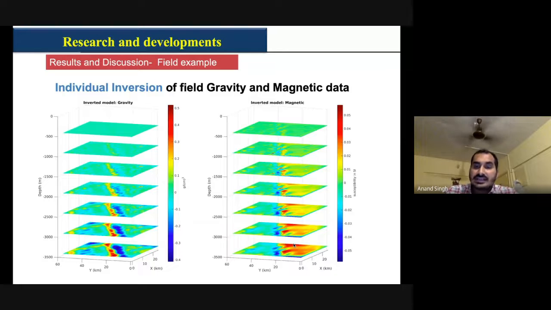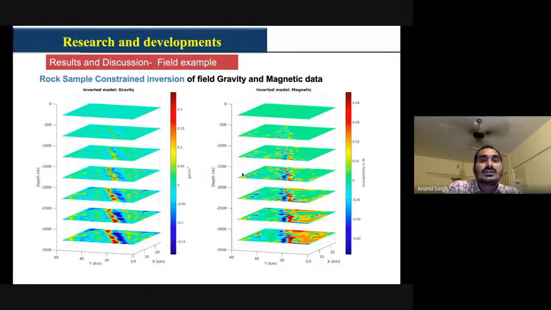So to constrain that, we further constrained with the rock samples, performing constraint based inversion, and now you can see how our data improved, and the improved model is shown over here. Though we got some scattered features, the results were pretty good. We obtained very good quality images, so that encourages us to go further.